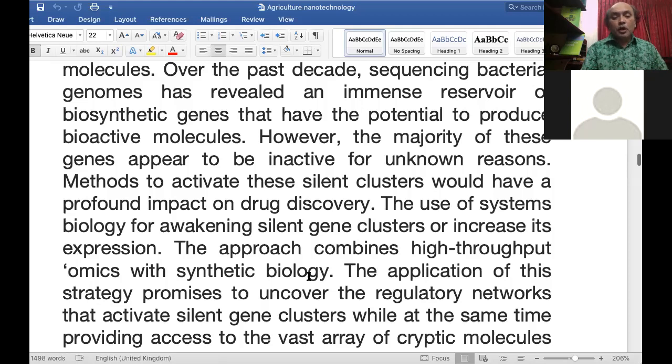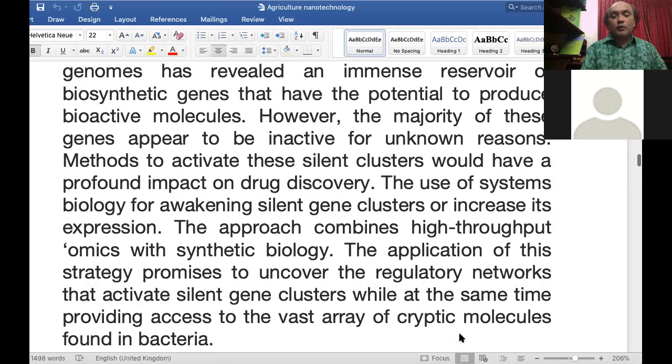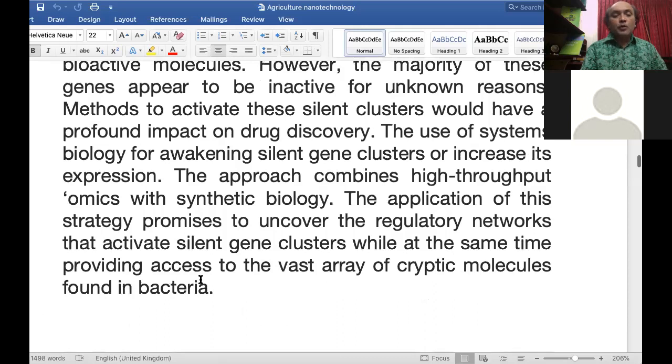The application of this strategy promises to uncover the regulatory networks that activate silent gene clusters, while at the same time providing access to the vast array of cryptic molecules found in bacteria. Cryptic molecules means molecules that are not synthesized in abundant quantity.